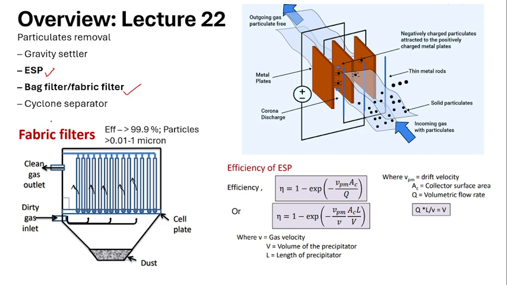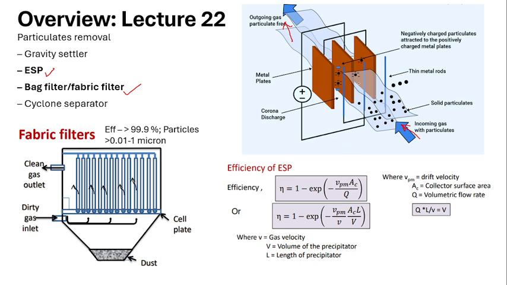You can see that in this electrostatic precipitator, the gas with particulates goes inside in this way, and when the gas molecules with the particulate matter come out, they are free of particulate matter. How are these particulates removed from the gas? Mainly by using electrostatic forces. That is the basic principle of this method.